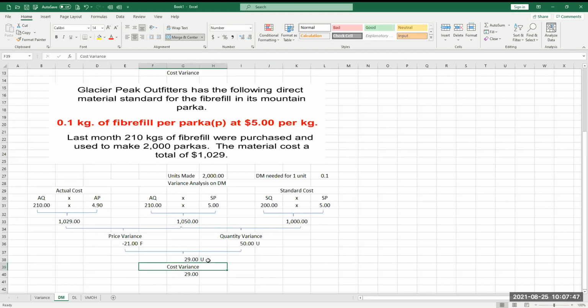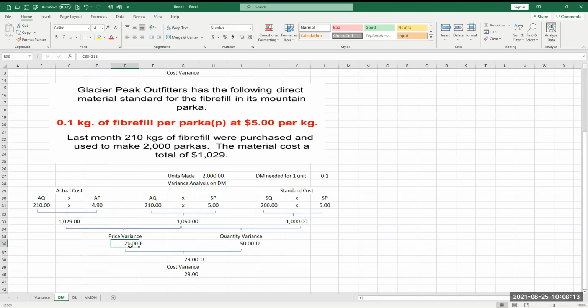So, in short, to produce 2,000 units, I'm using 10 kilograms more than my standards. And because of that, I'm spending $50 more. But because the price per unit went down, I'm saving $21.